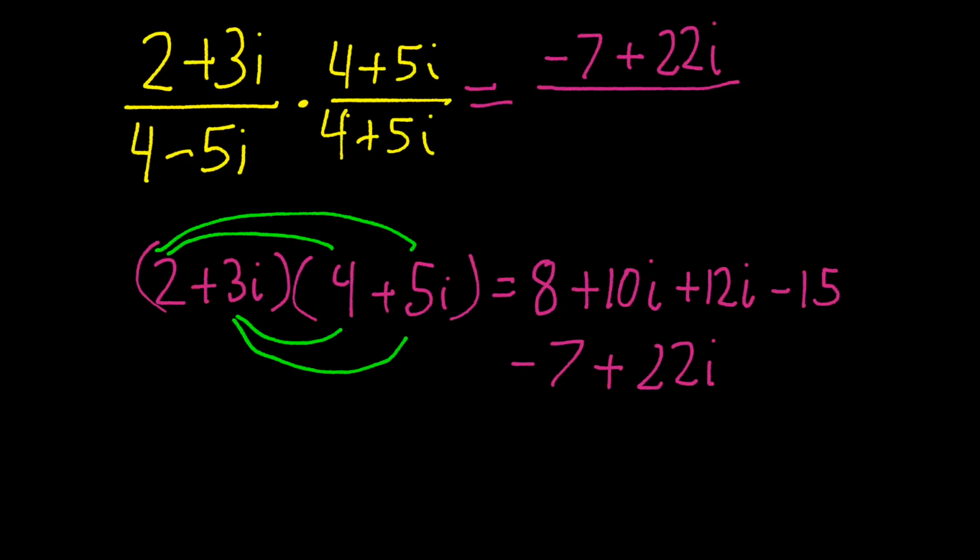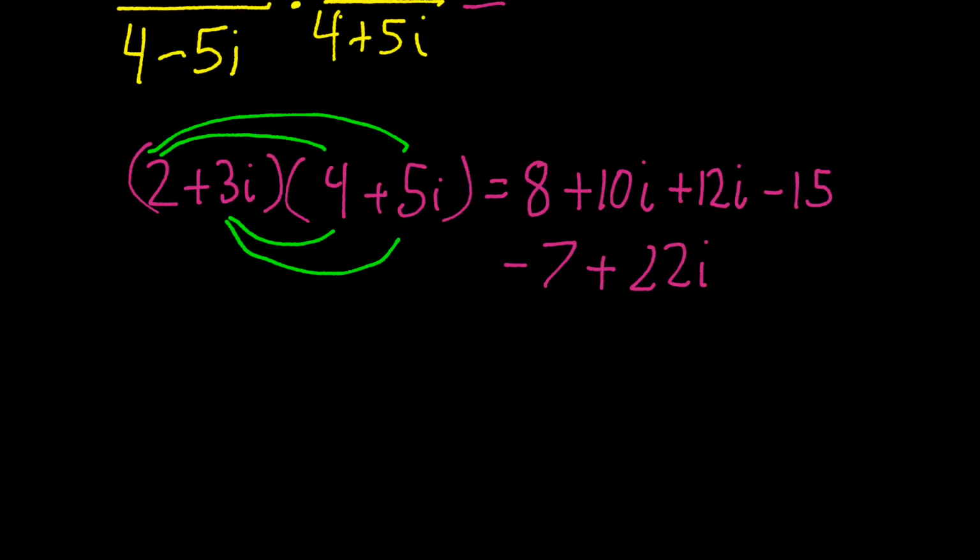Alright, now let me move this up a little bit. We got to multiply our denominator with its conjugate. And like I said, doing this is going to get rid of the imaginary term, which is going to allow us to get it into the form that we want in the end. So I have 4 minus 5i times 4 plus 5i.